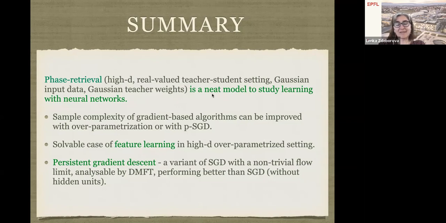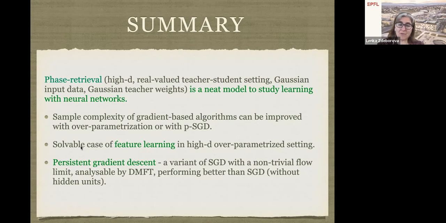And I argued it's a neat model to study learning with neural networks, because some of the things that we observe in much more complicated architectures and realistic data, such as over-parametrization actually helping and stochasticity helping, we see clearly that it manifests in this setting. So we saw that the sample complexity of the gradient-based algorithm can be improved with over-parametrization or with the persistent stochastic gradient descent. This is a solvable case of feature learning in a high-dimensional over-parametrized setting. We don't have so many of those.